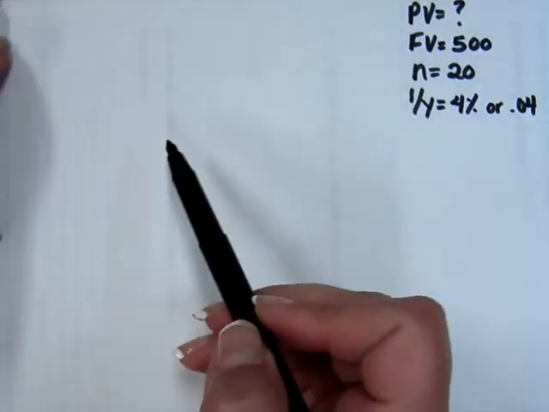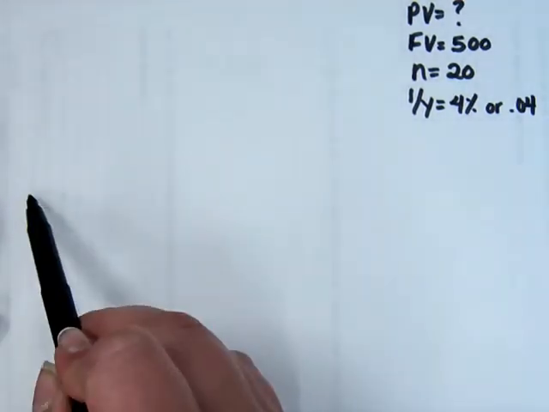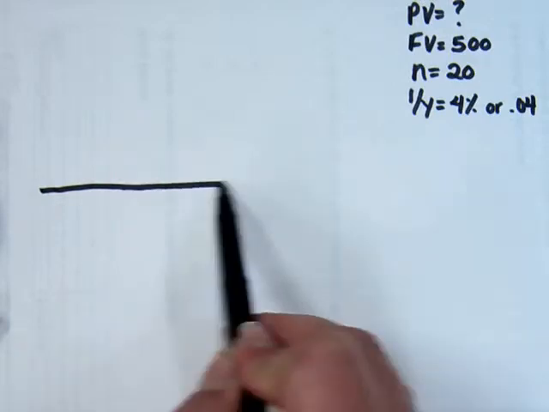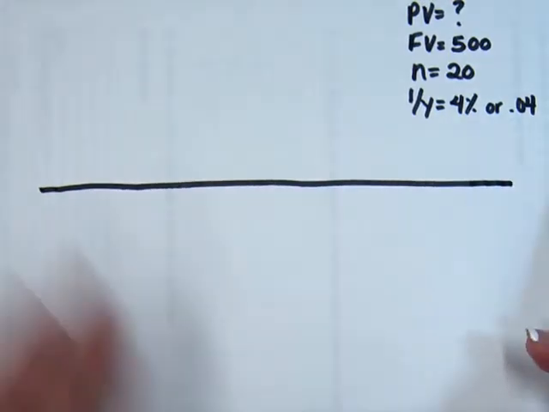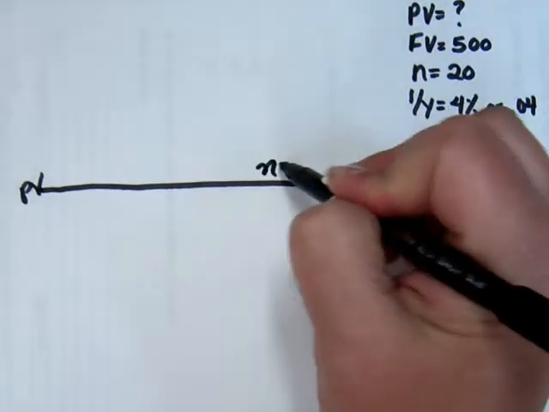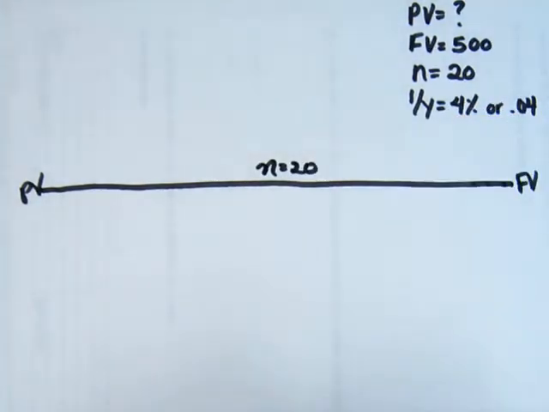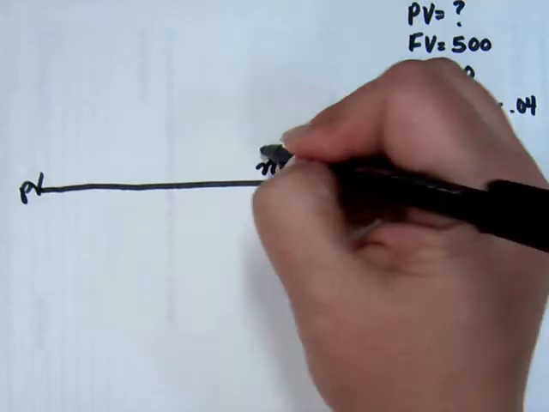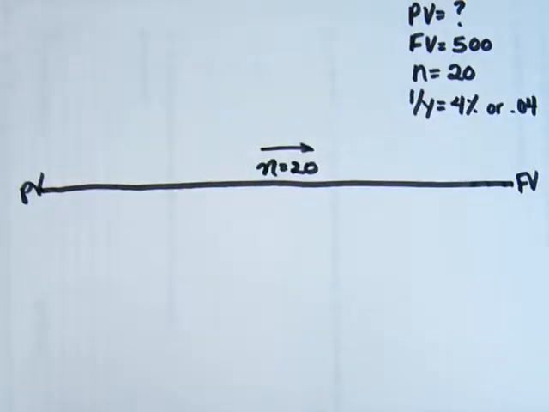So draw your horizontal line and write PV at the left side, FV at the right side. We know it'll be a 20-year period, but we don't have room to make 20 tick marks, so we'll just write N equals 20 above the line, and you can put an arrow there if you would like.